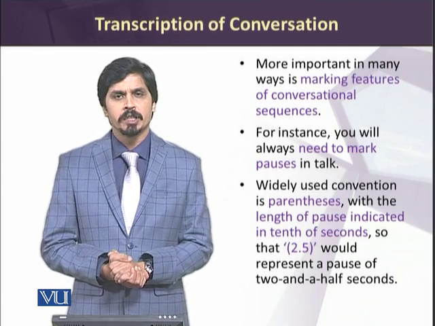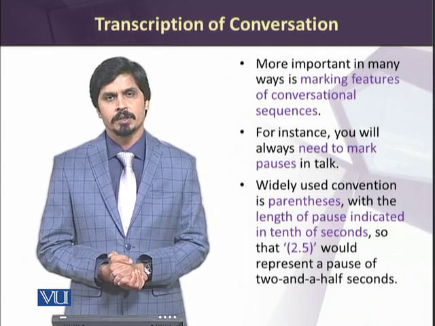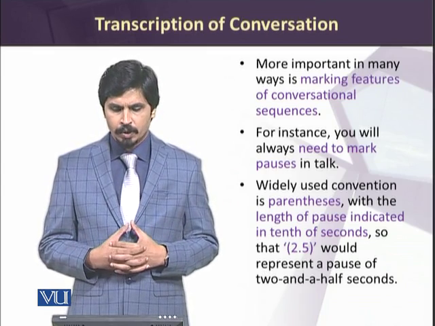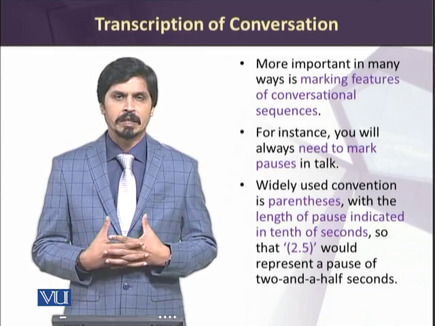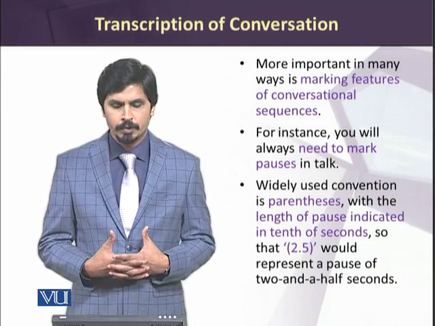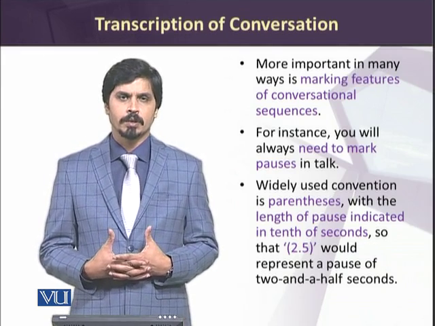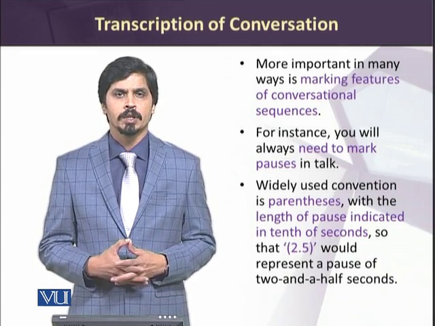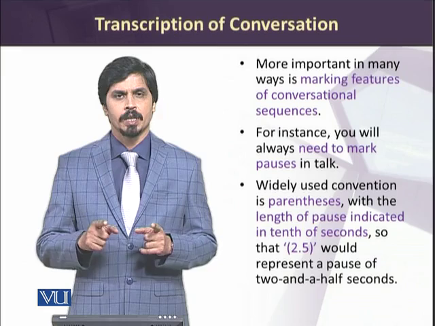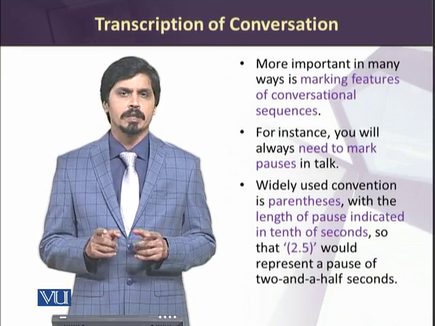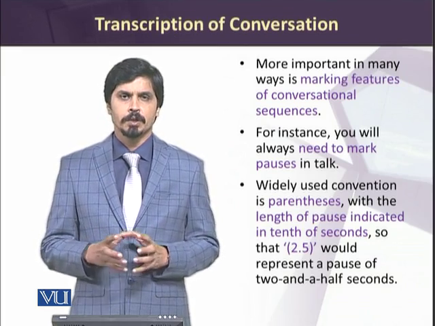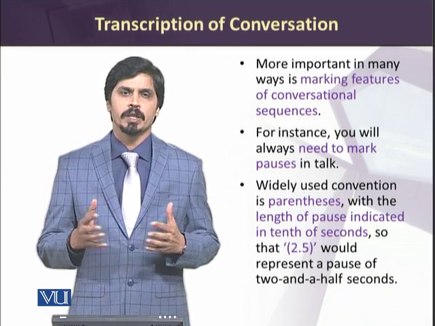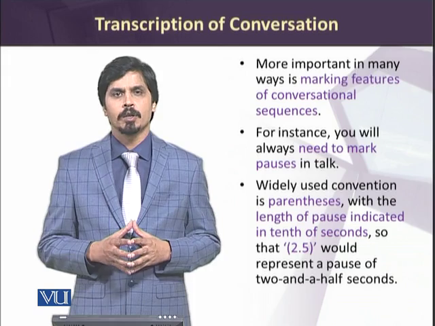A widely used convention in this regard is using parentheses or brackets, with the length of pause indicated in tenths of seconds. For example, if you see a pause of 2 and a half seconds, you would probably write it down as 2.5 within parentheses. So the duration of pause is usually shown especially when the pauses are longer ones.